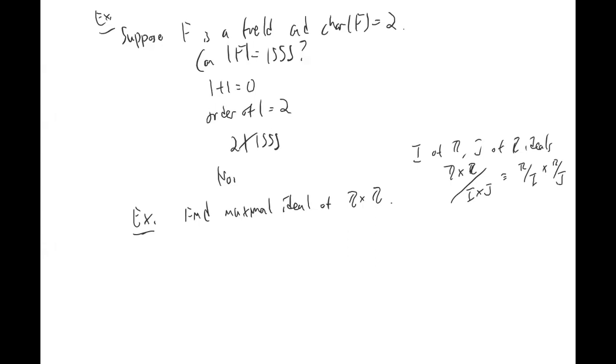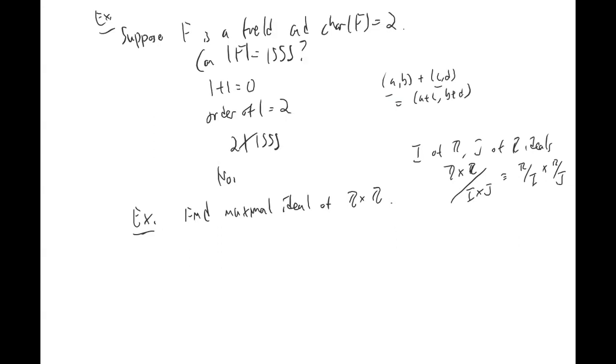So when you add AB with CD, this is A plus C, B plus D, right? So one component has no effect on the other in a sense.